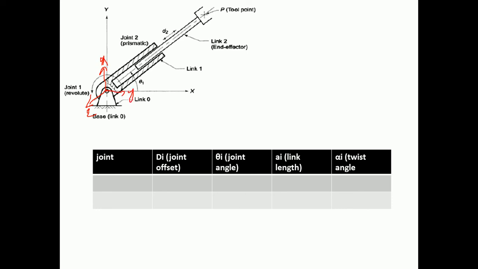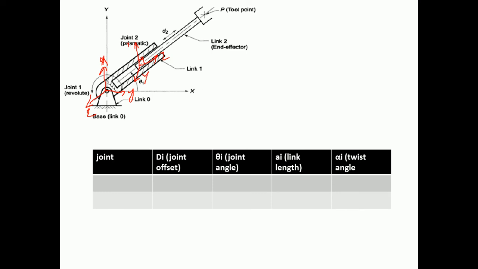Okay, for the second link, this is z, this is perpendicular to this line, the z axis, so this is x, and with respect to this frame, the y axis is drawn on this side.